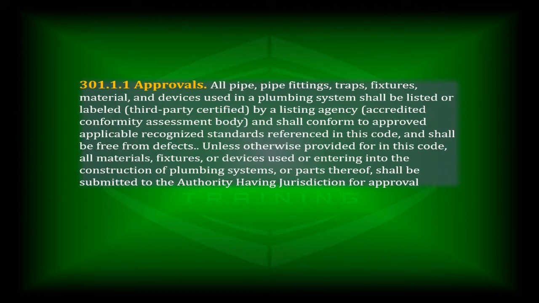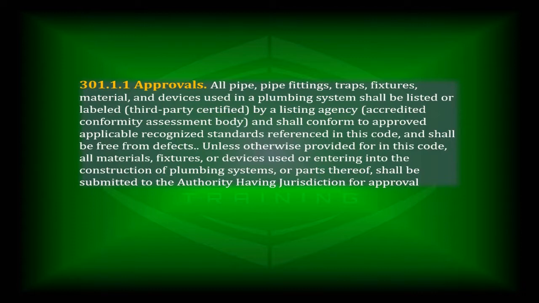301.1.1 Approvals. All pipe, fittings, traps, fixtures, material, and devices used in plumbing systems shall be listed or labeled, of course, by a third-party certified organization, by a listing agency, and shall conform to approved applicable recognized standards referenced in this code, and shall be free from defects.